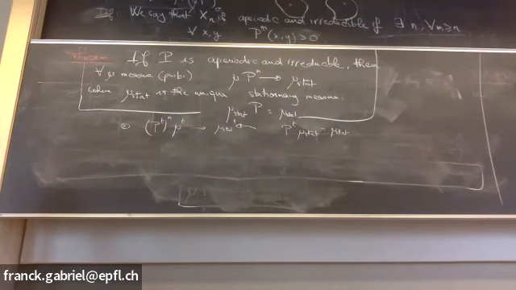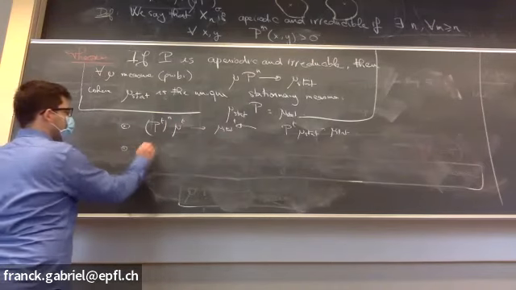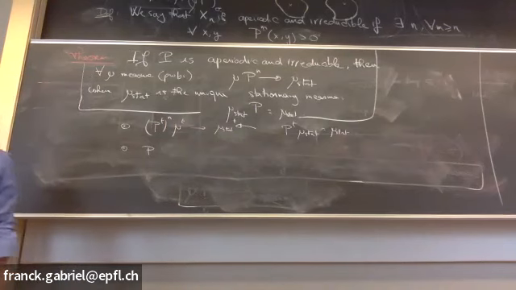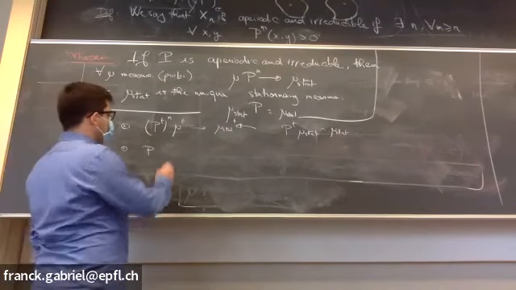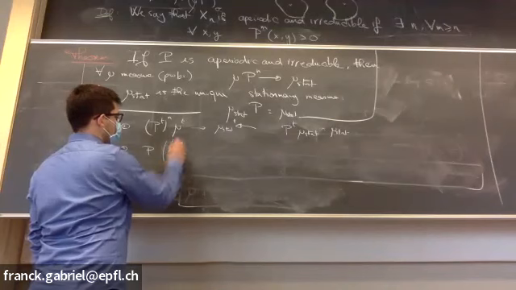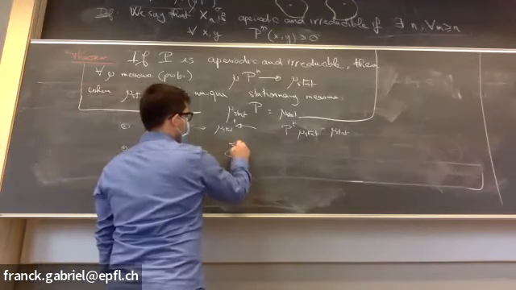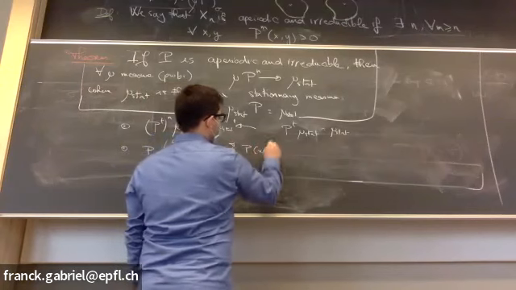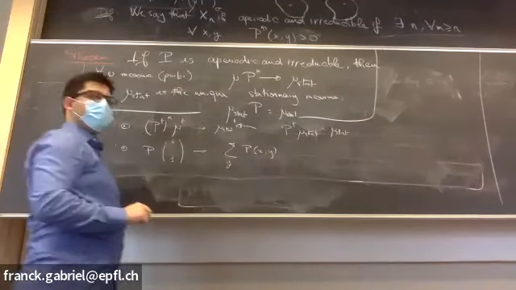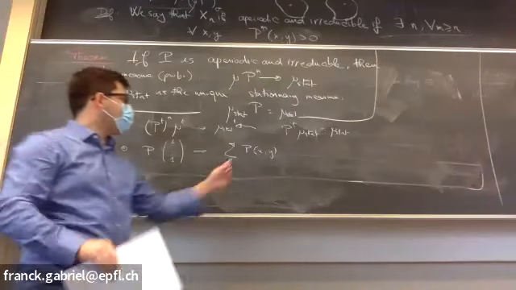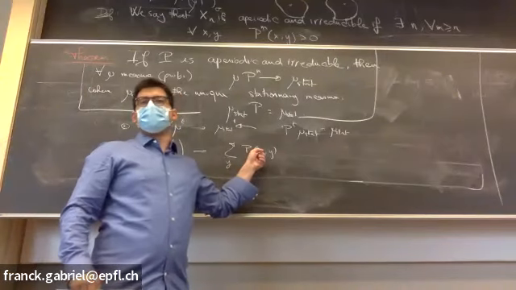Why is it not totally surprising? Well, if I look at P, what do I know about P? If I do P times the vector 1, 1, 1, 1, this gives me 1. I'm just looking at P(x,y), and I sum over all the y's. But this is the probability that I'm at y, knowing that I was at x.